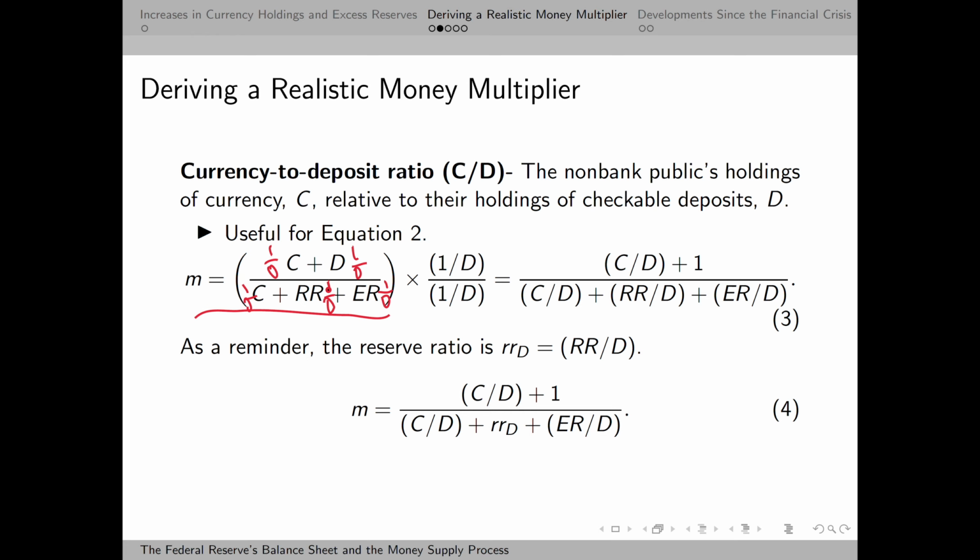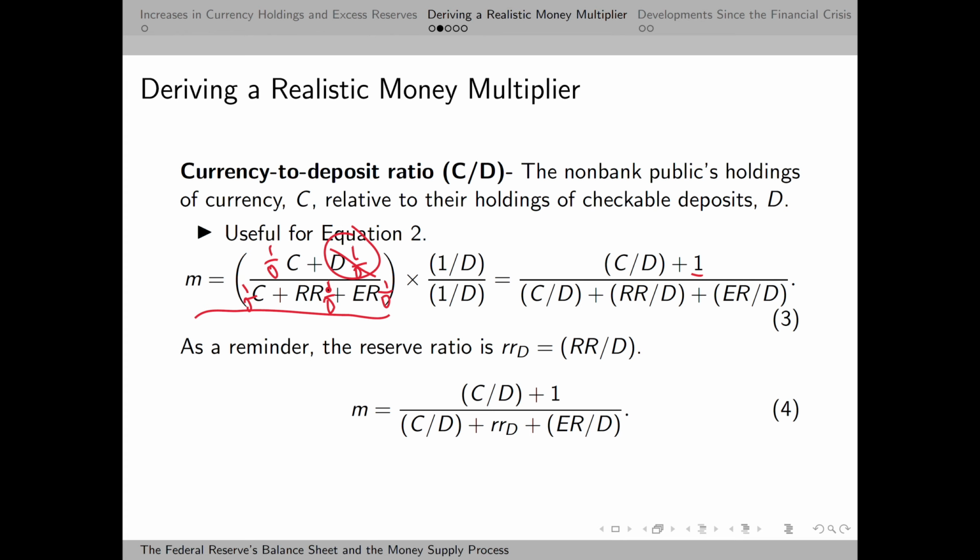We can now do a tiny bit of simplification. We're going to get from right here D over D, so that just becomes 1. And so we get a little bit of a nicer definition, but this looks kind of weird.